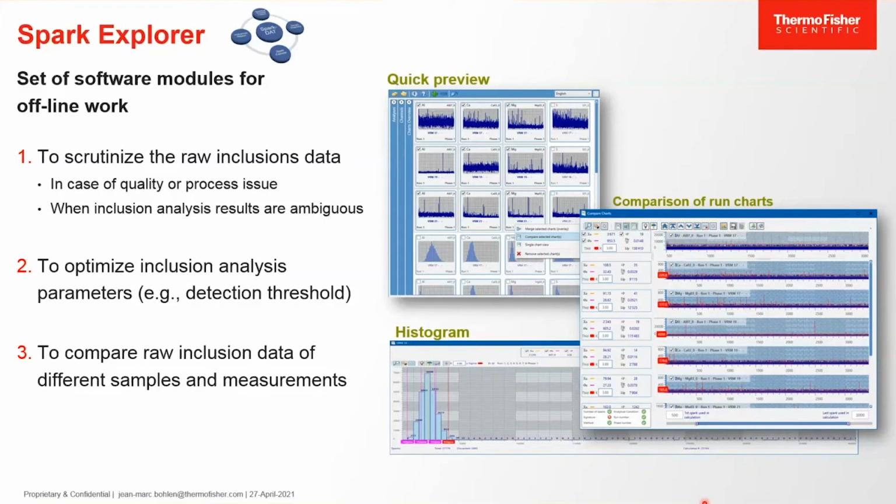Of course, it's very useful if you want to optimize the inclusion analysis parameters, for instance the detection threshold, or when you want to compare the raw inclusion data of different samples and measurements. So you see there are a few different screens of this tool, different modules. One we call the quick preview. It's a very nice tool where you can have a very quick comparison of the run charts on the different elements, eventually on different samples as well.